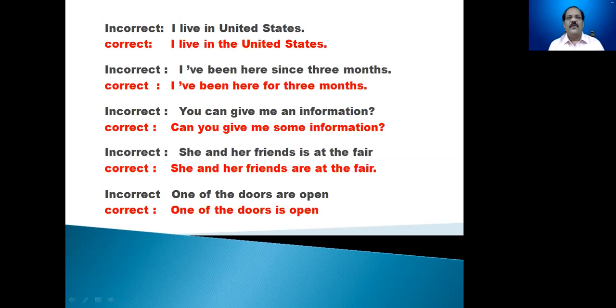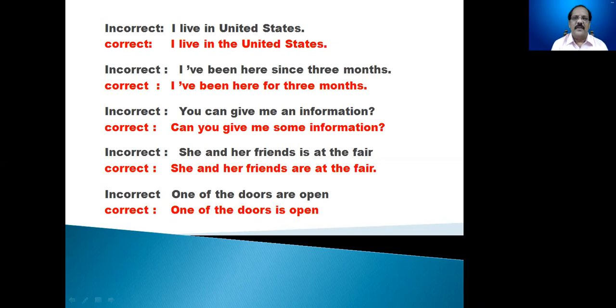Then go for the next question. I have been here since 3 months. The sentence appears to be right, but since is used for a point of time and for is used for a period of time.